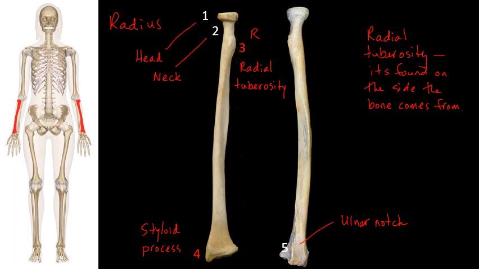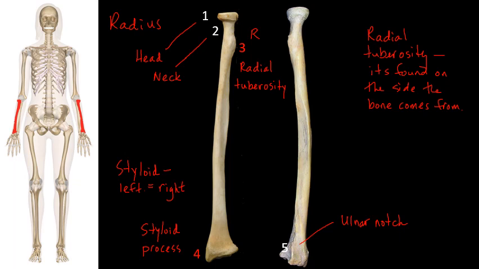As for the styloid process, we find the styloid process on the side the bone does not represent. So if it's found, for example, on the left hand side, it means that we're looking at a right bone or a right radius.